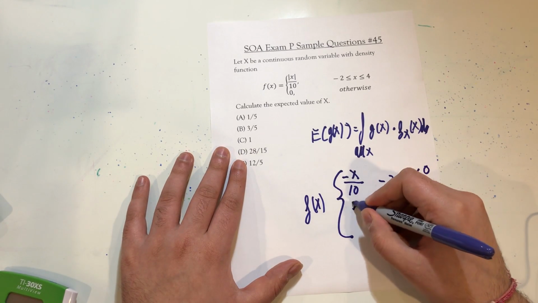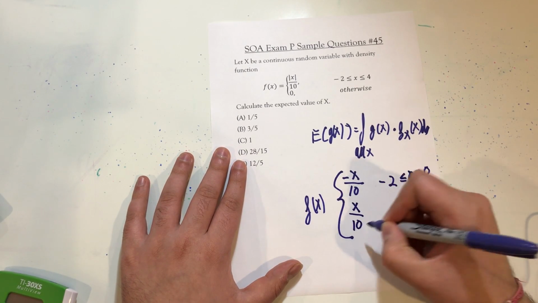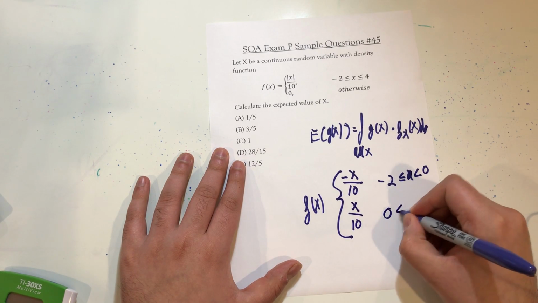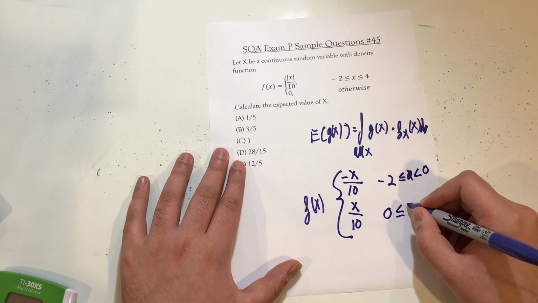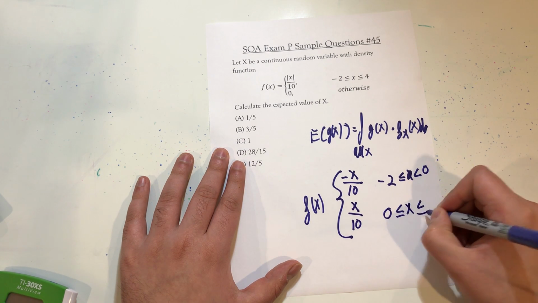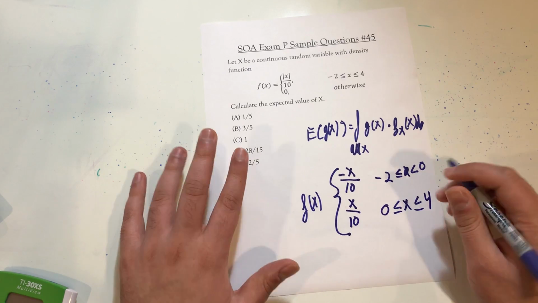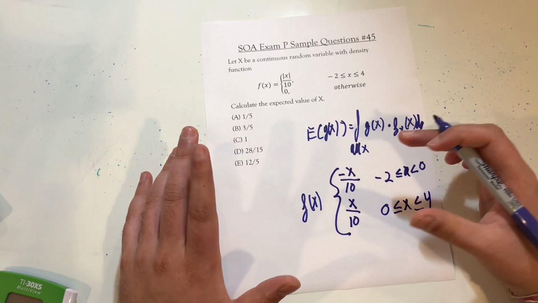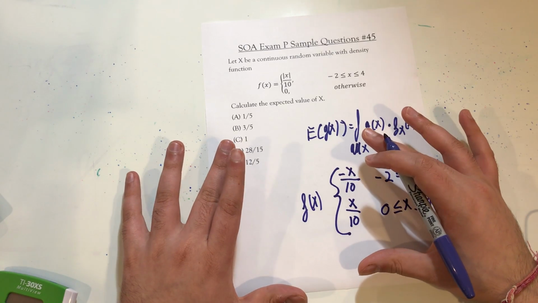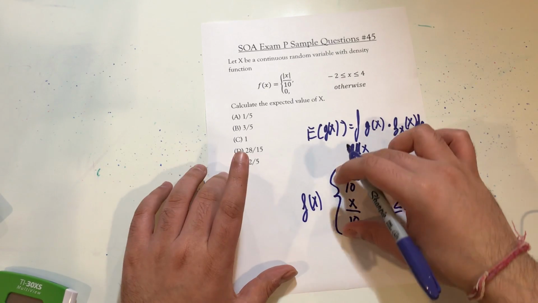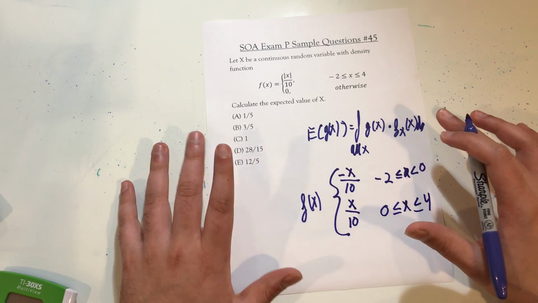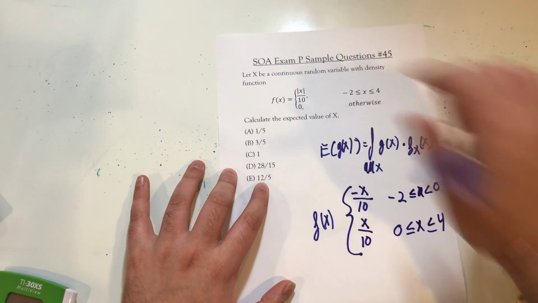And we'll just have the normal old x over 10 for any value other than that, so 0 to 4. Now, if you're wondering how I can make the substitution, just try to plug in some numbers. I'm hoping this is intuitive enough. These two cases fully cover all of the scenarios.